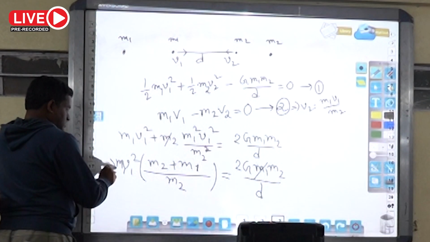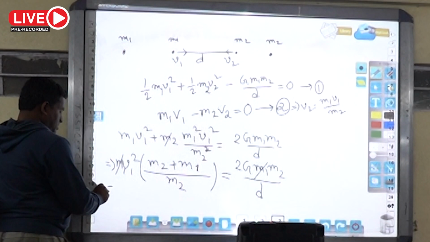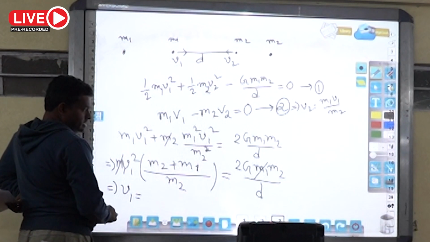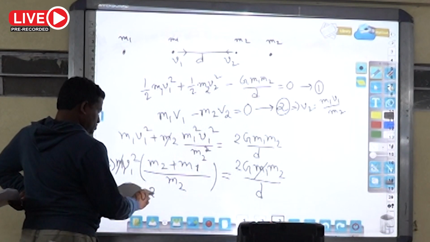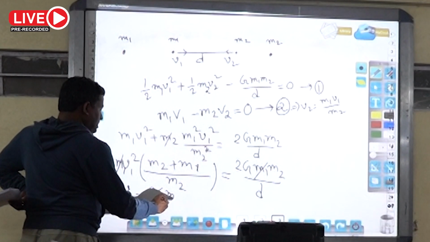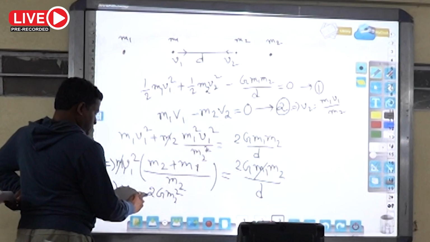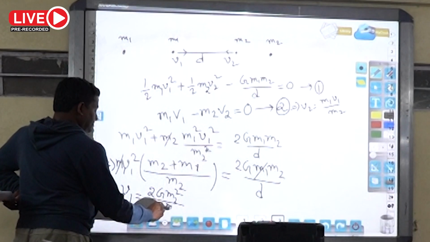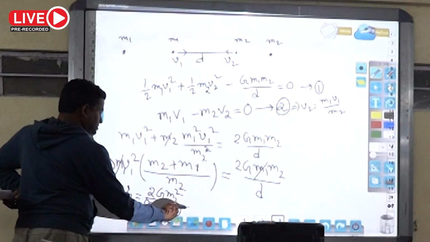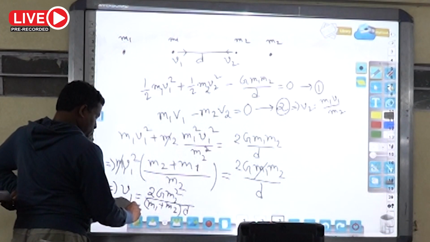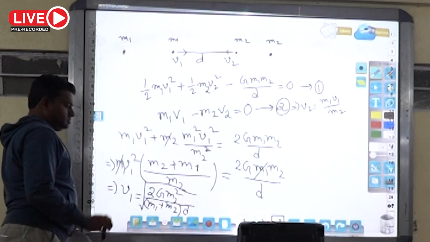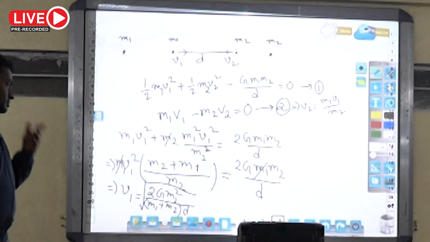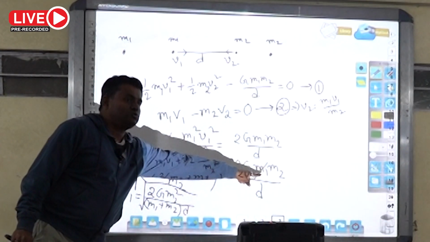So this M1 cancels, M1 cancels. So V1 will become root of 2G M2 square divided by M1 plus M2 into D, since this M2 is multiplied here, M2 square.